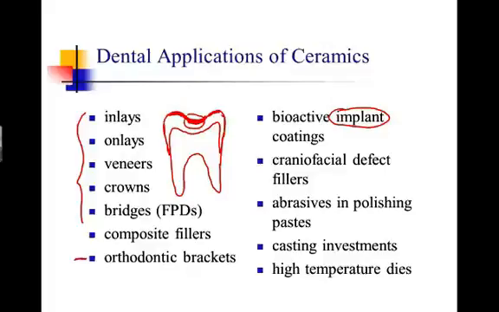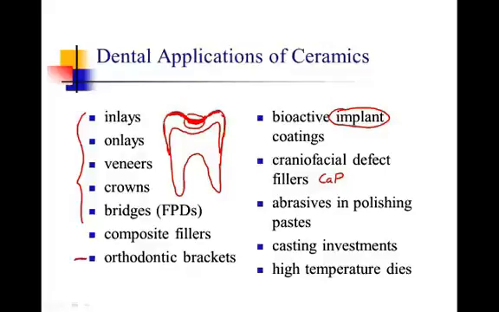Another use for ceramics in dentistry is bony defect fillers. Calcium phosphate cement is an example of those types of ceramics. And that could be placed in a patient's jawbone if they need to receive dental implants, but there's not enough bone there to support an implant.